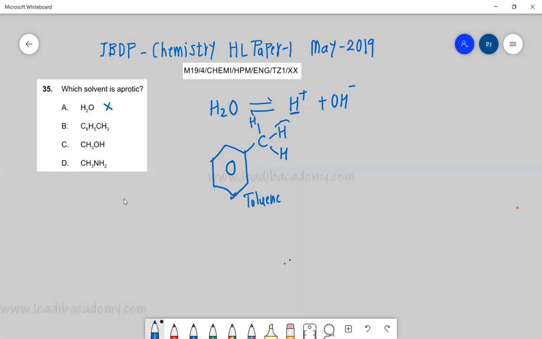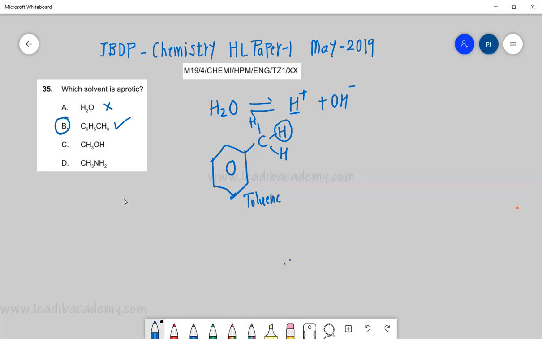No chance, because these hydrogens are attached to carbon, and we know that for carbon and hydrogen there is no significant electronegativity difference. So these bonds are not polar, and so it is not possible to give away these hydrogens. And on the benzene ring, no chance, because benzene's aromaticity cannot be disturbed. So it definitely cannot gift a proton. That means this is very much aprotic.